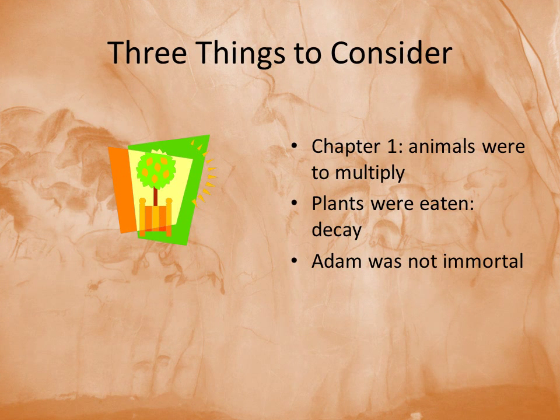And notice these three things. 1. In chapter 1, the animals are told to be fruitful and multiply. If they never die, how long can they do this until the earth is filled solid with animals? Not very long. Second, plants were eaten, so cells died and were destroyed.